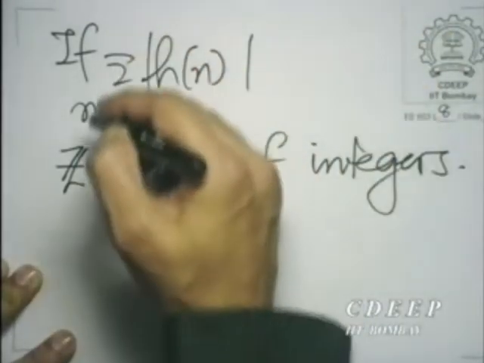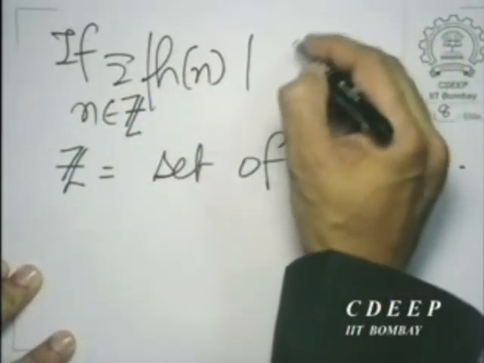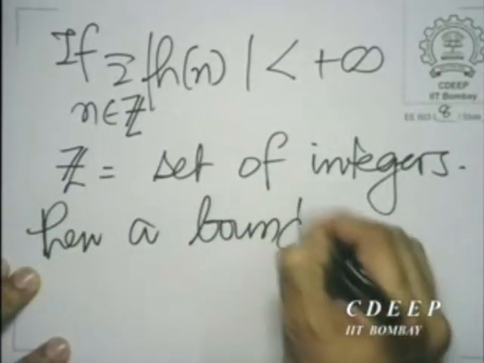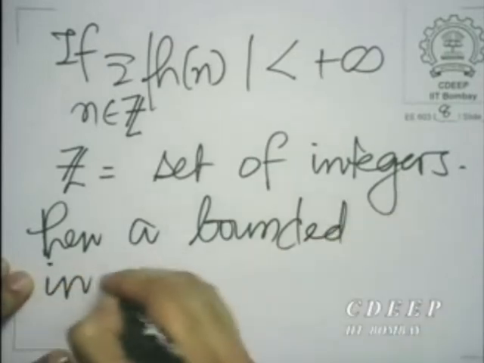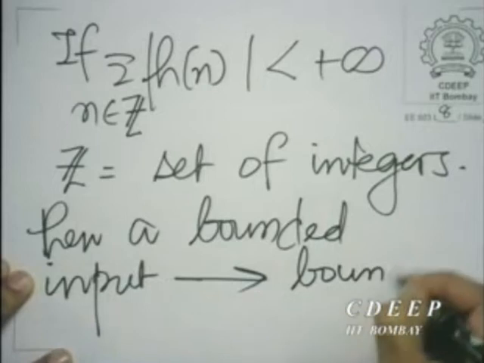So if the summation of n over script z mod Hn is less than infinity, then we said a bounded input results in a bounded output.